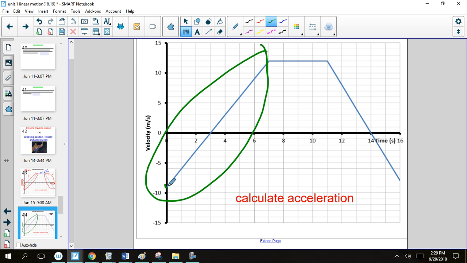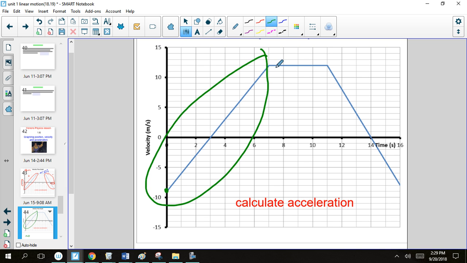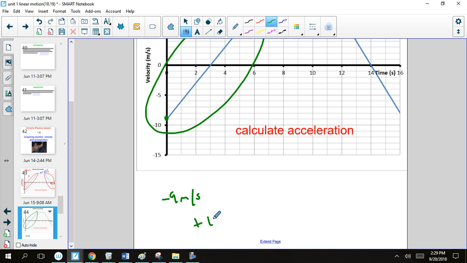So we have negative 9 meters per second. And then we have 10, 11, 12 meters per second, positive 12 meters per second. So this is our velocity initial. This is our velocity final.